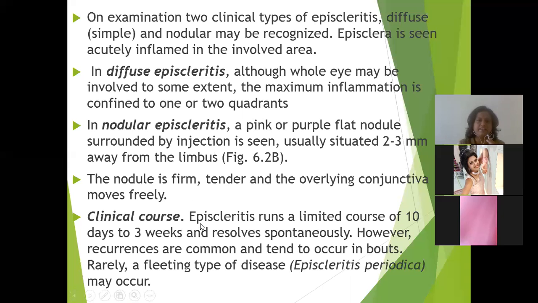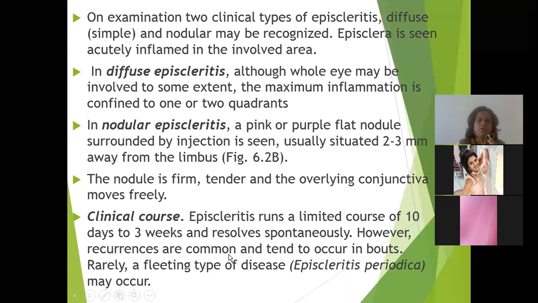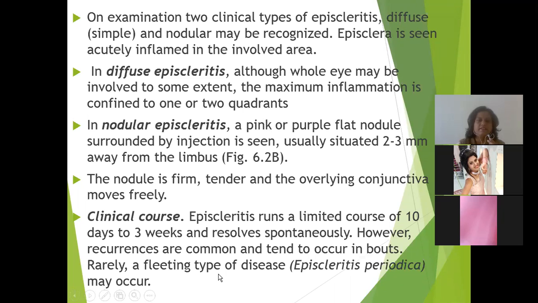Clinically, episcleritis runs a limited course of 10 days to 3 weeks and resolves spontaneously. However, recurrences are common and tend to occur in bouts. Rarely, a fleeting type of disease, that is episcleritis periodica, may occur.